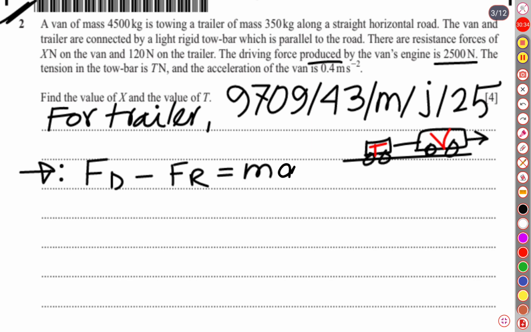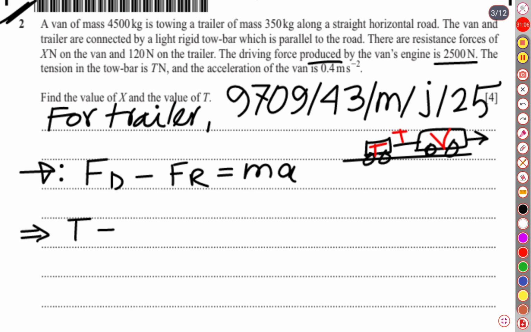And as it is of the trailer, for trailer the driving force is nothing but the tension lying over here, T Newton. So if we substitute the value, the driving force for the trailer is tension, because the van is pulling the trailer forward.